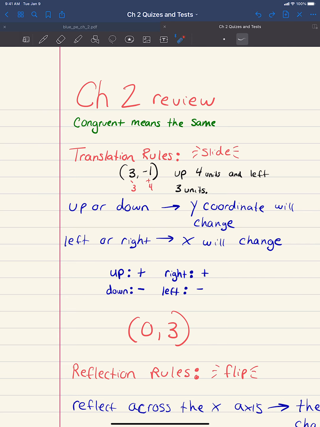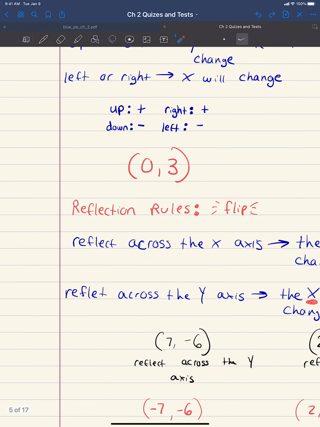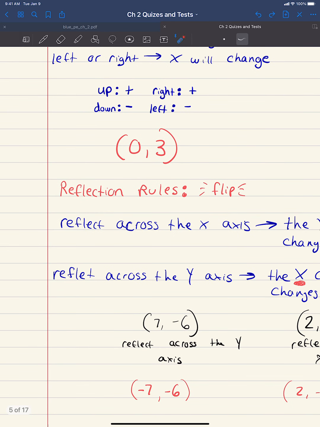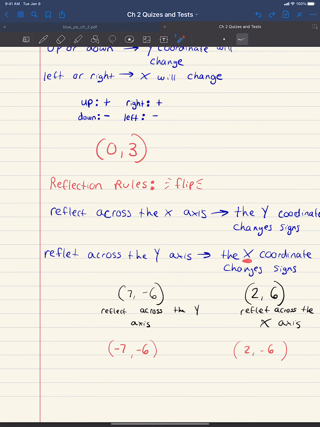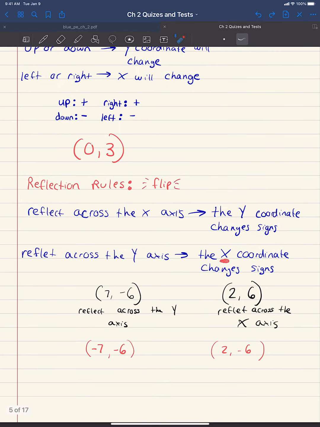Nope. Okay. Let's talk about reflections. Another word for reflection means to flip it. If you are reflecting across the x-axis, the y coordinate changes its sign. If you're reflecting across the y-axis, the x coordinate changes its sign. And I gave you 2 examples down here.